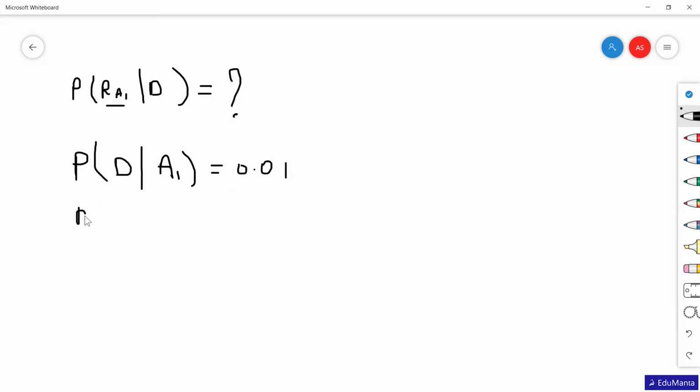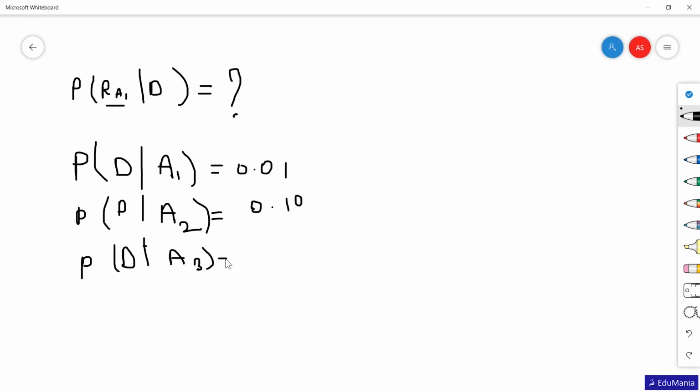Also given is the probability of default given it is from A2, which is 10%, and the probability of defaulting given the person belongs to the A3 group.